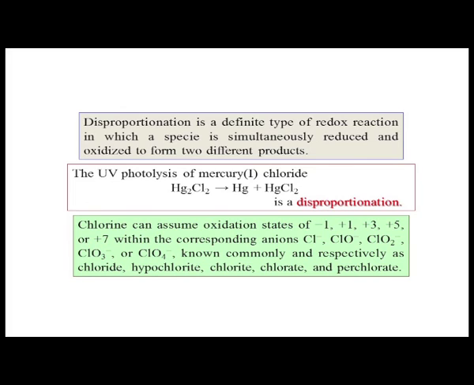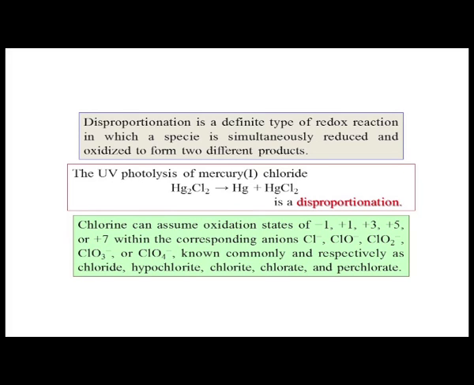But we can take the example of a metal salt of mercury, which is mercurous chloride, where mercury is present in the +1 oxidation state. A typical reaction condition is the UV driven photolysis reaction.